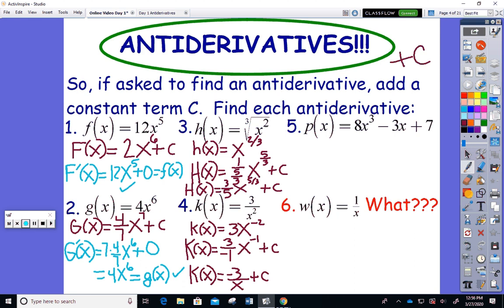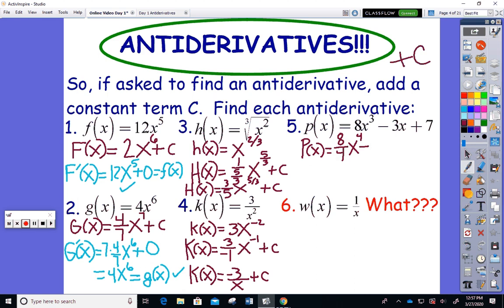Now on this one, the only thing that you've got going on is you've got a few more terms. So you still just take the antiderivative term by term by term. So big P of x. All right, so I know x has got to be to the 4th power. So then I take my 8 that's there and divide by 4.